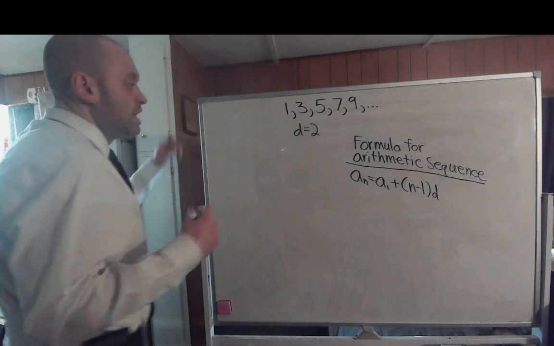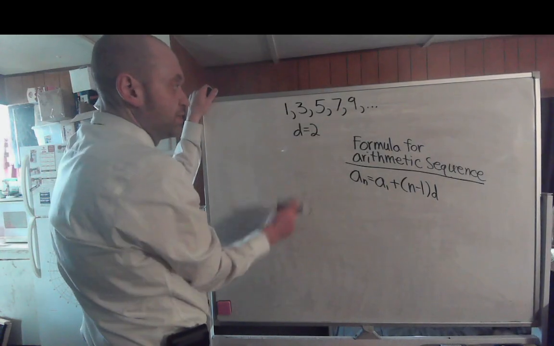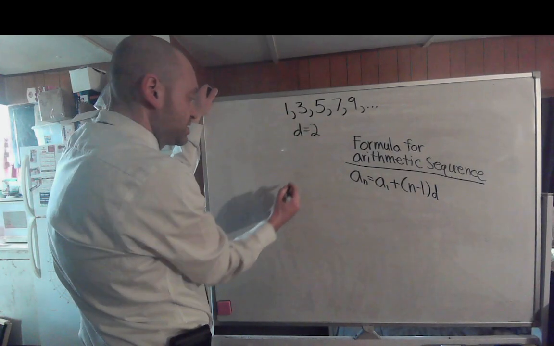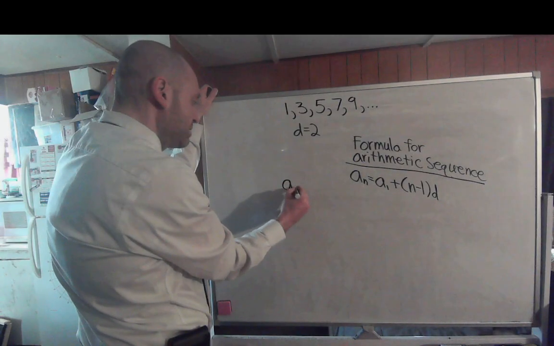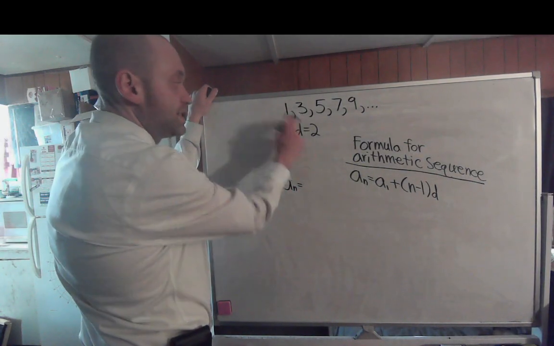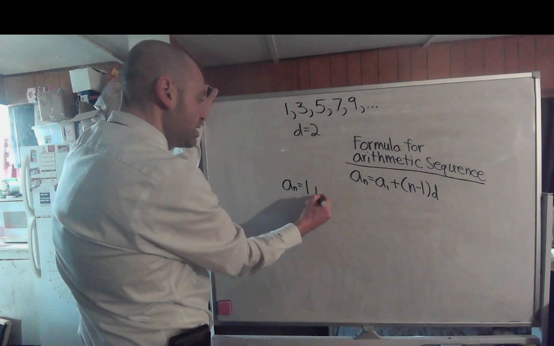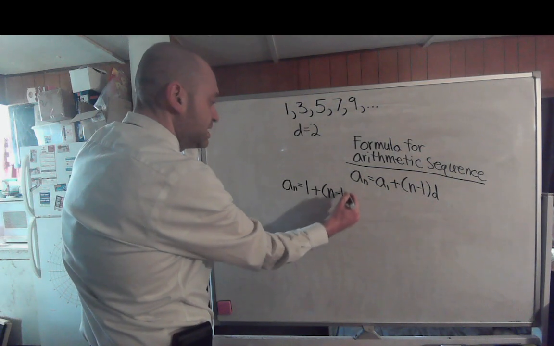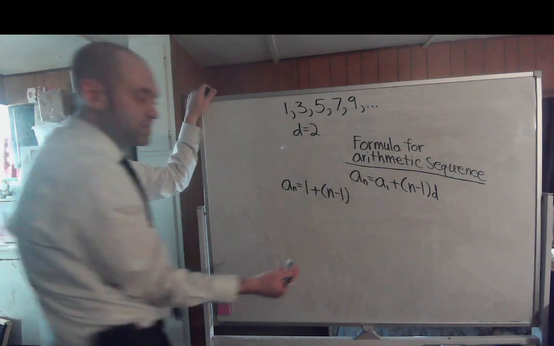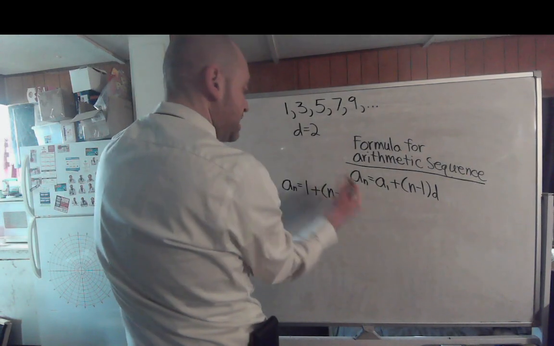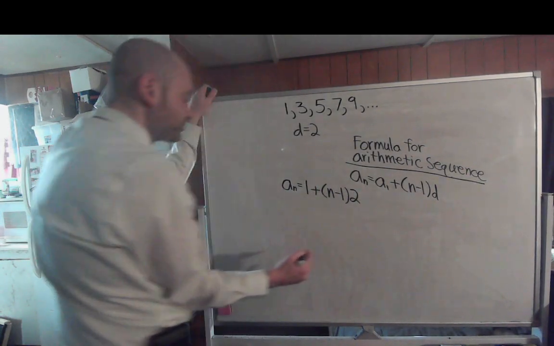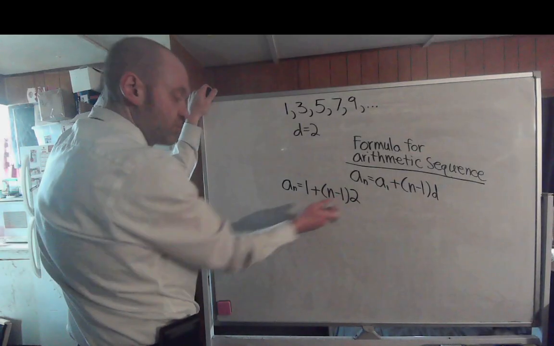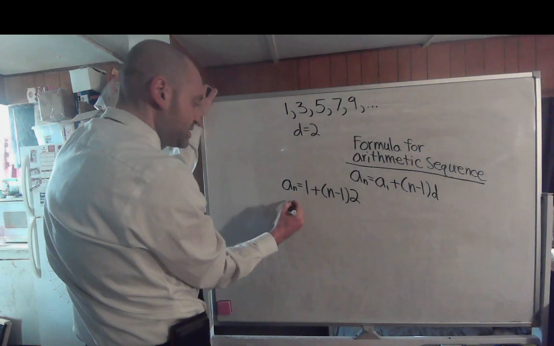So let's try to find a formula for this arithmetic sequence. You have a sub n equals, well, a sub 1 is 1 plus, then we're going to have n minus 1 because it's an infinite number of terms, times your common difference of 2, which we know we can distribute that 2 and simplify this.